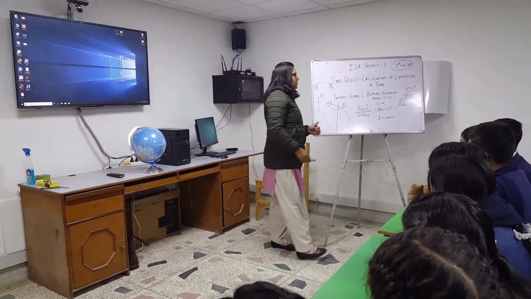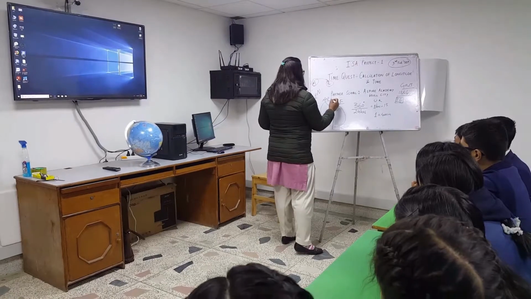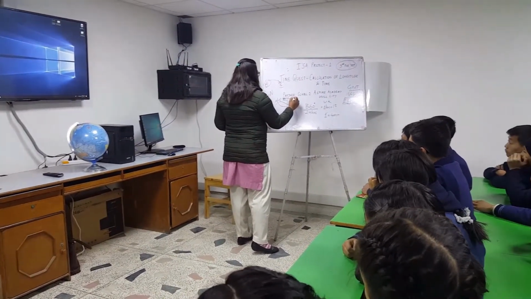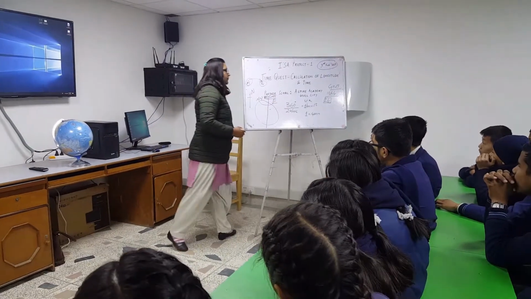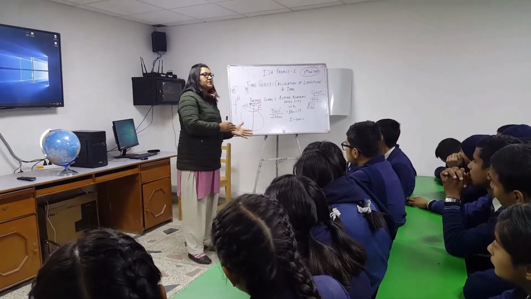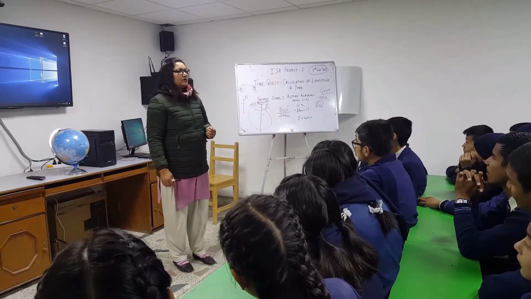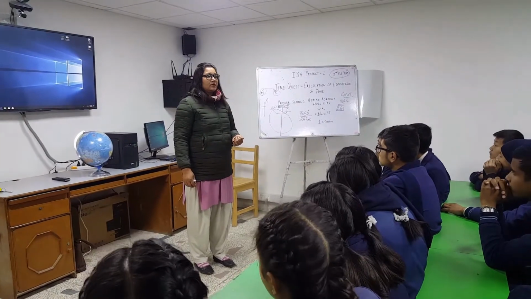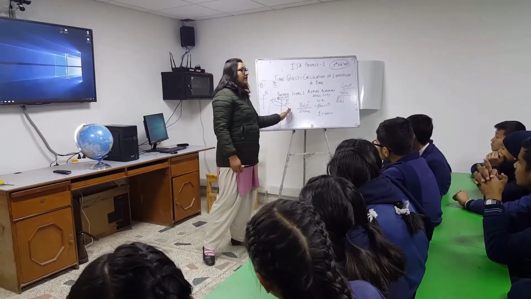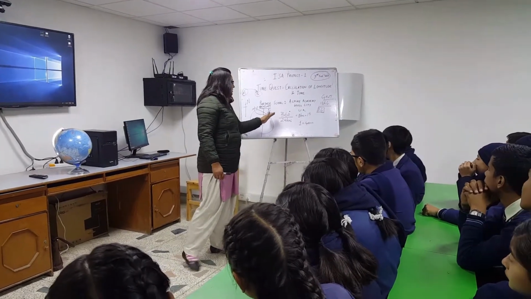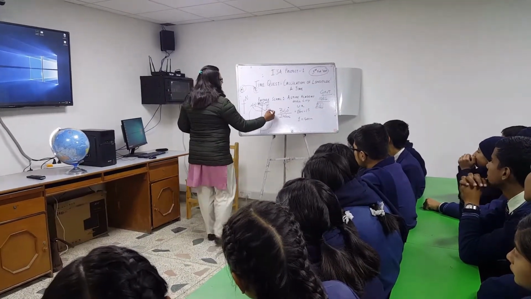And let's say this is 0 degree, GMT. What is the time difference between GMT and our country, Nepal? In which hemisphere does our country lie? Why? Our country lies towards the eastern side. Okay. So, towards the eastern side, the time is always ahead.